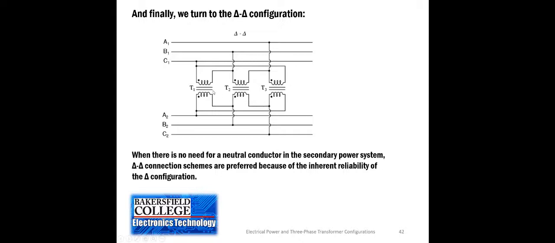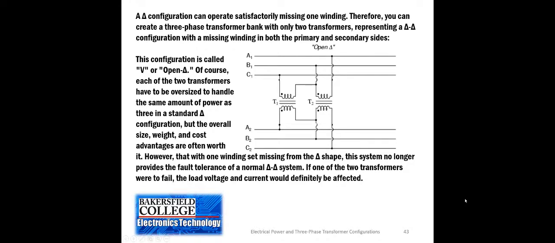As we said, the reason that we would use deltas is not only for the correct voltage ratio, but also... so now let's look at the open delta. In this case, for simplification, we're just looking at two of the transformers that are connected both sides as delta.